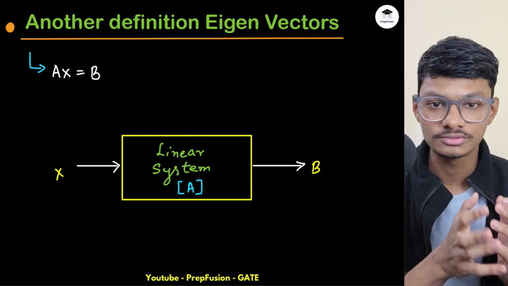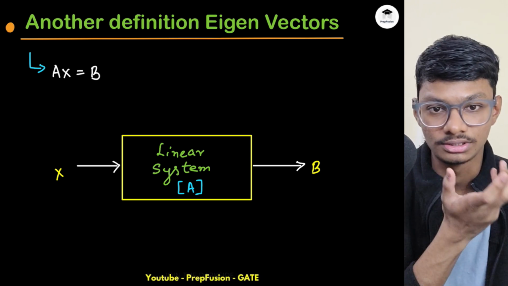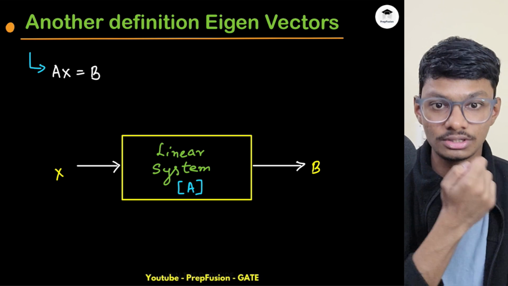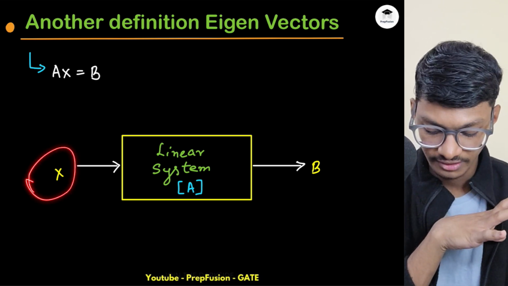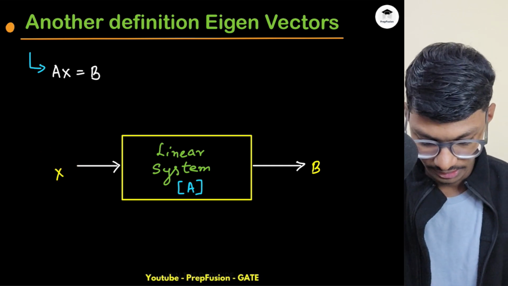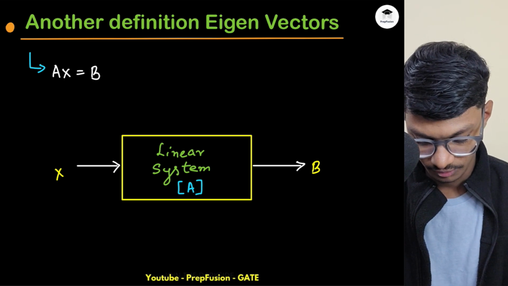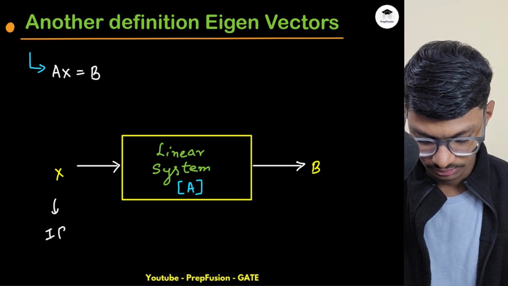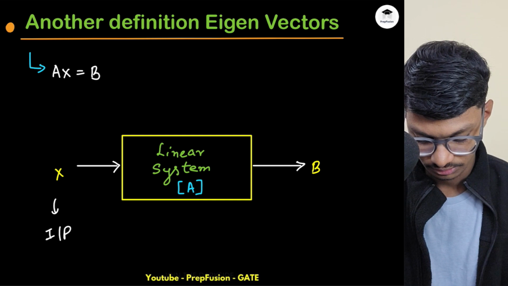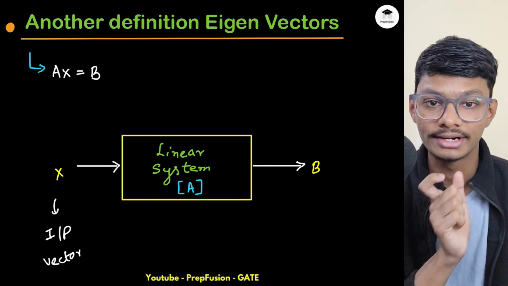In control systems or signal systems, if you have already studied, you might know the system has these eigenvalues. What happens if I give some input x? Let's say this is the input vector. If I give some input vector x, then what do I get at the output?